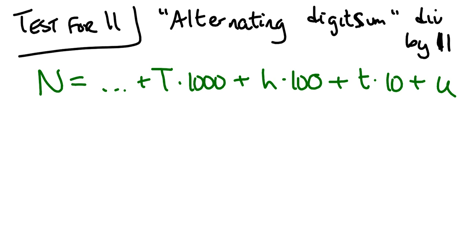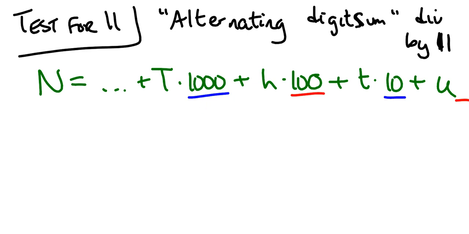Here's the thing. Every other power of 10, like the second, fourth, and so on, all of these are one less than a multiple of 11. But the odd places, all those powers of 10 are one more than a multiple of 11. Why? Because 1 is one more than a multiple of 11. 10 is one less, 100 is one more, 1,000 is one less, and so on.